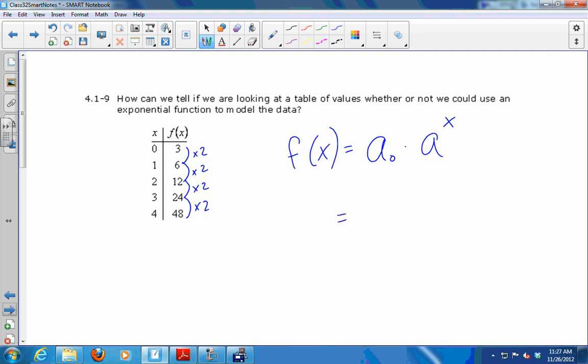So a formula that would model this: well, what would my y-intercept be, or my starting y value? 3. Yep. Your y-intercept happens when x is 0, so that would be 3. And then I'm doubling, so it's 3 times 2 to the x.